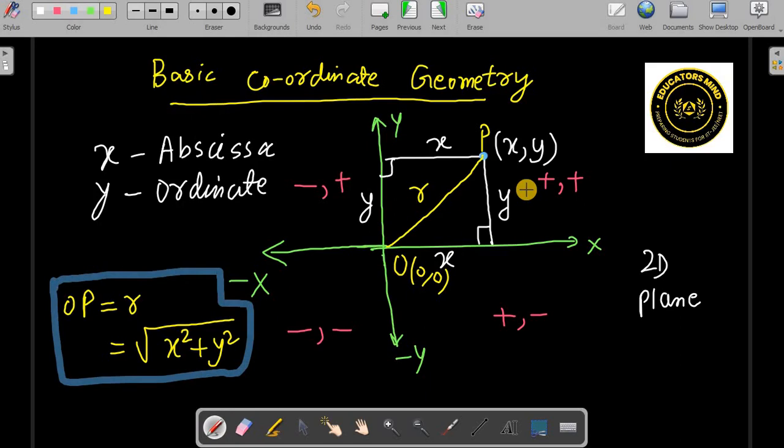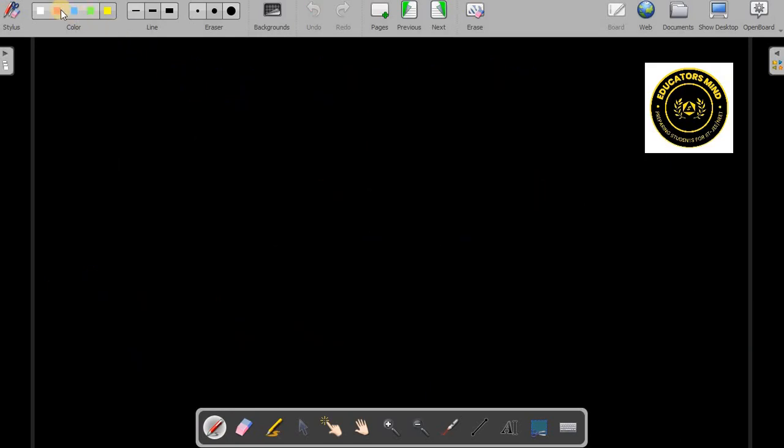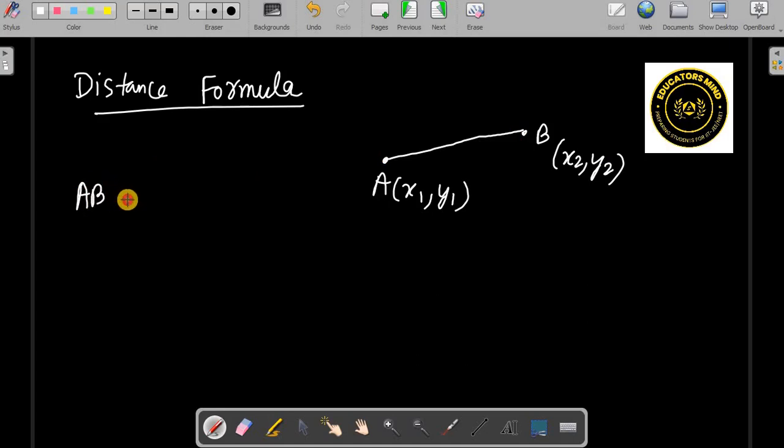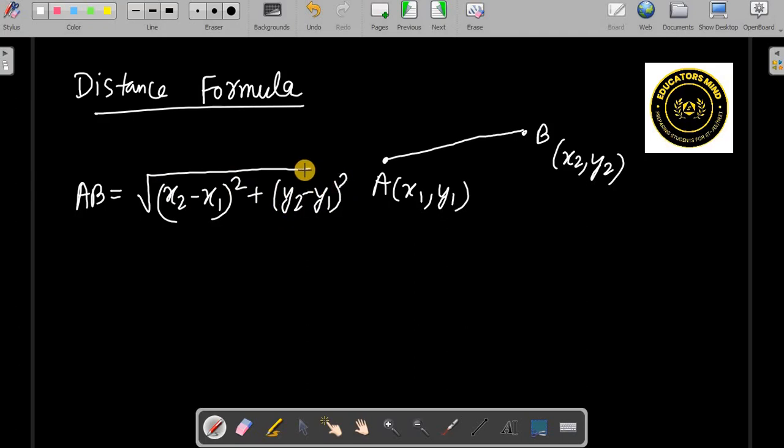Now we'll see the distance formula, the distance between two points. So if there is point A and point B, with coordinates x1 comma y1 and x2 comma y2, then when you join them, the distance AB can be calculated as root under x2 minus x1 whole square plus y2 minus y1 whole square.